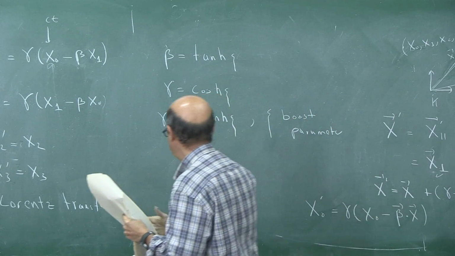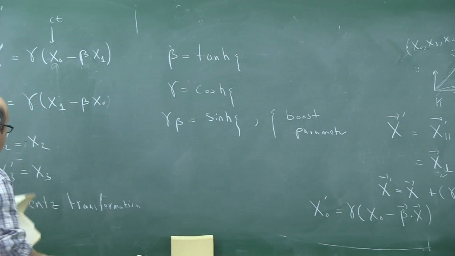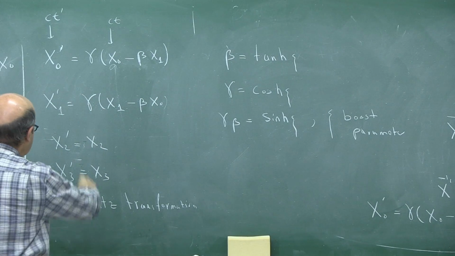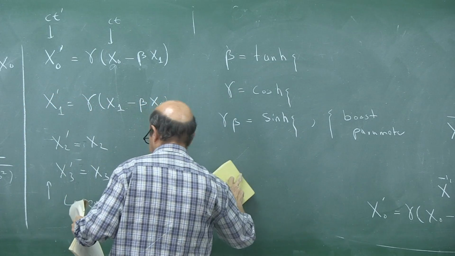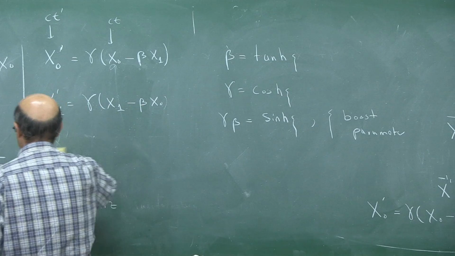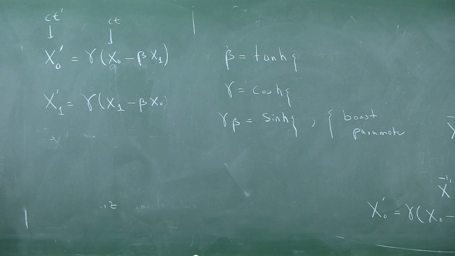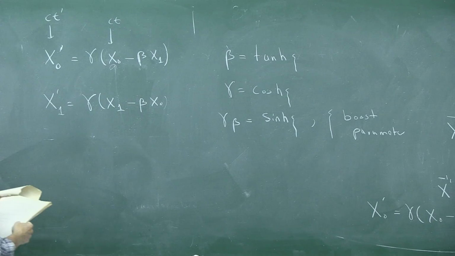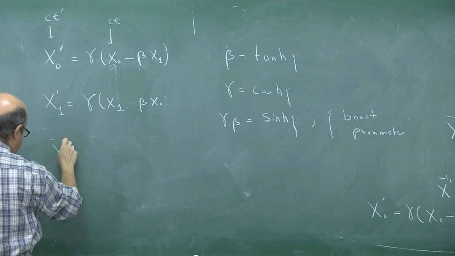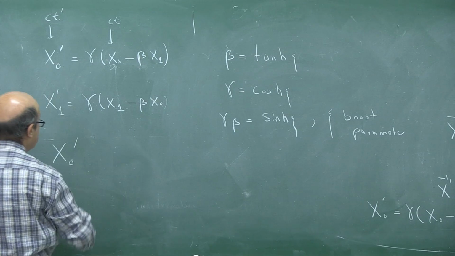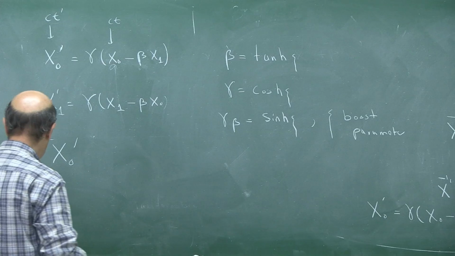The situation is the following. You can write this Lorentz transformation for one-dimensional motion of the frames in the following form. So x0 prime is equal to what?